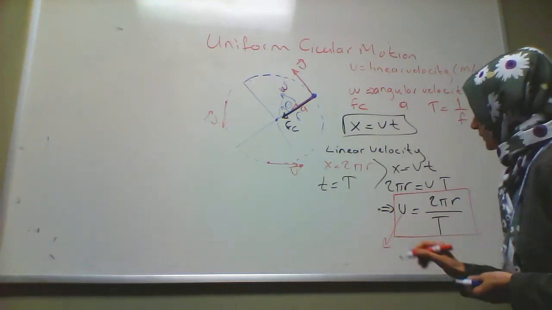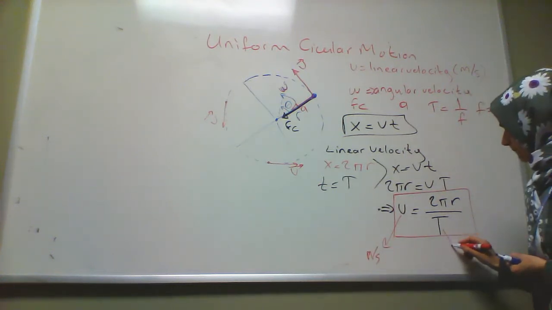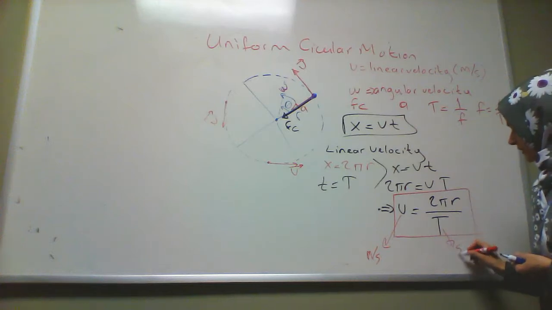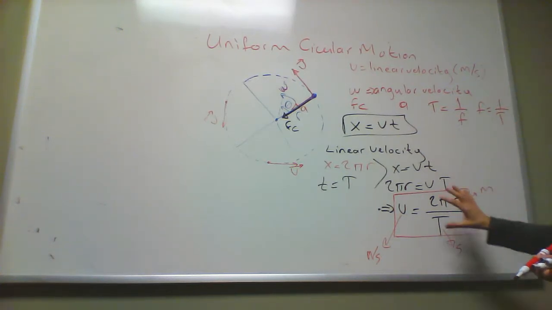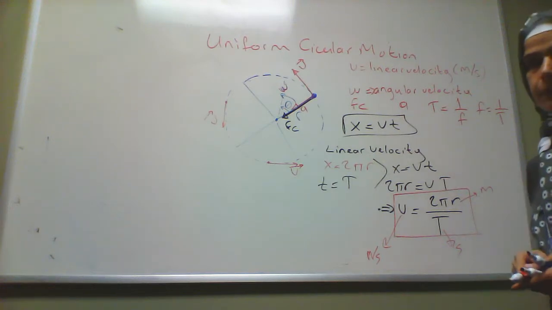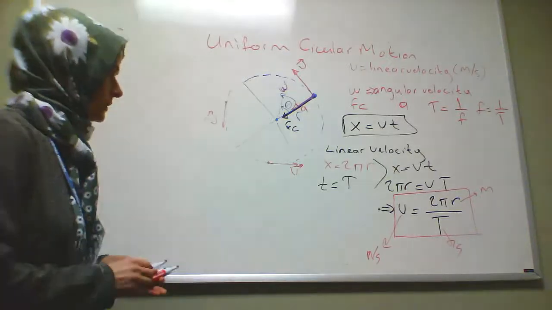If you look at the units, we'll be using, as always, meters per second as for velocity. For time period will be seconds, for r will be in meters, and 2 pi will be entered as a number. So this is for linear velocity.